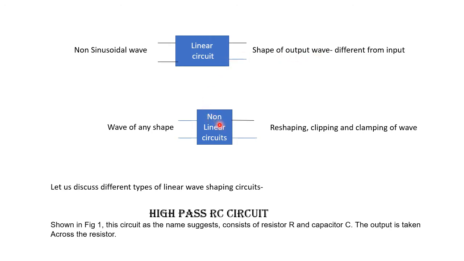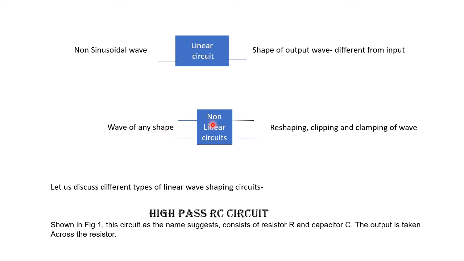And if we consider non-linear circuits, then if a wave of any shape, be it sinusoidal or any other kind of wave, is applied to the input of a non-linear circuit, then it is found that the shape of the output wave will necessarily be different from the shape of the input signal.